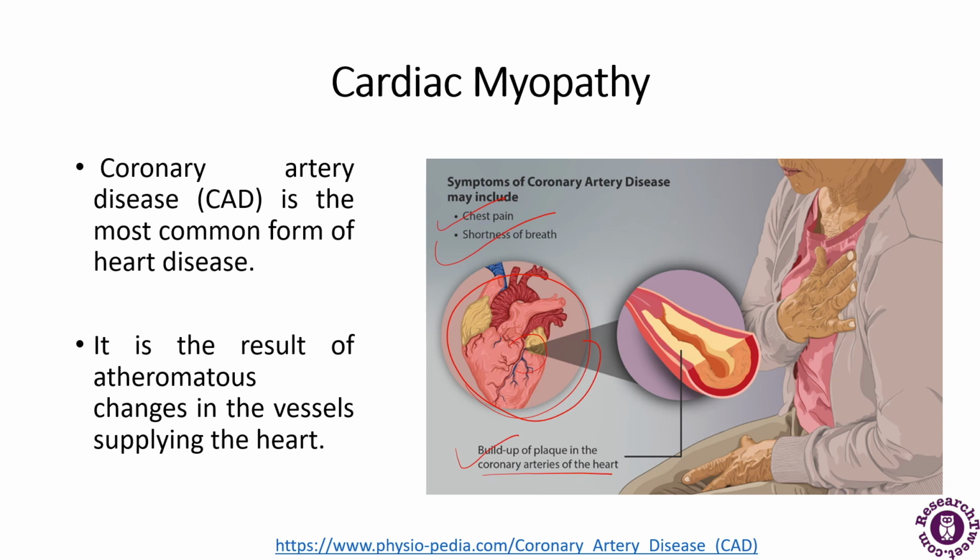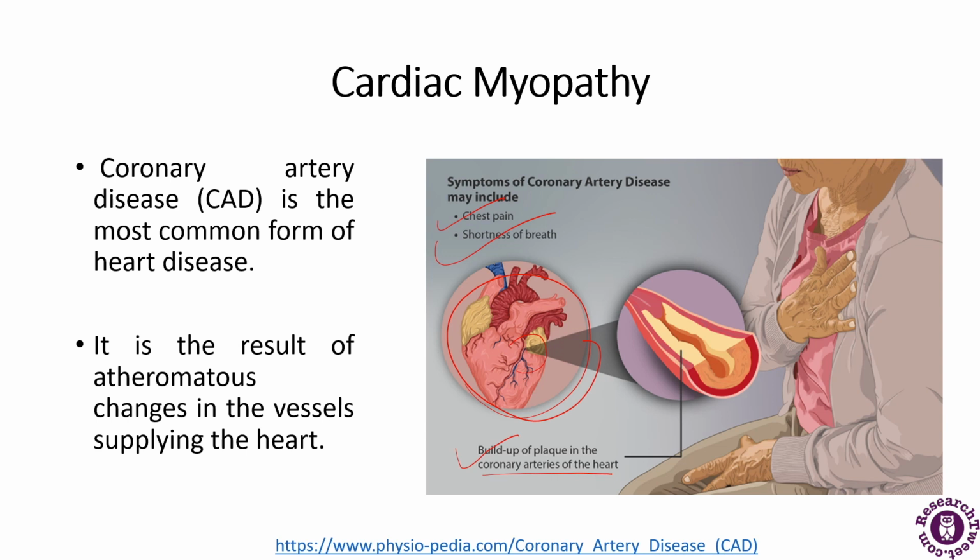It is the most common heart disease, and it is a result of atheromatous changes in the vessels which supply the heart. CAD is used to describe a range of clinical disorders from asymptomatic atherosclerosis and stable angina to acute coronary syndrome.